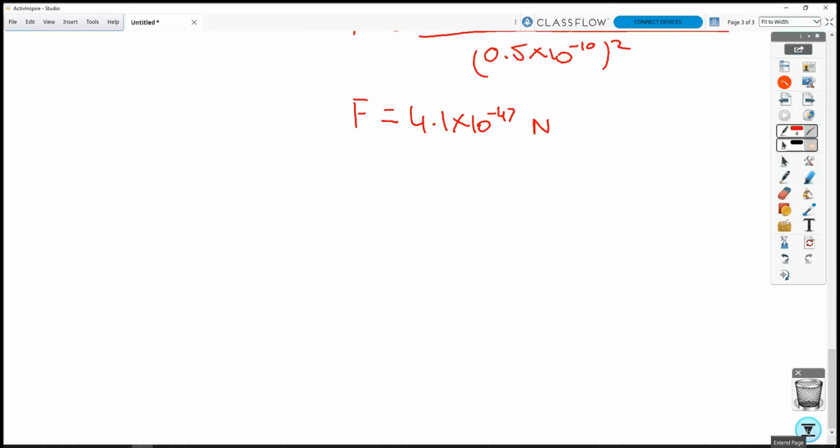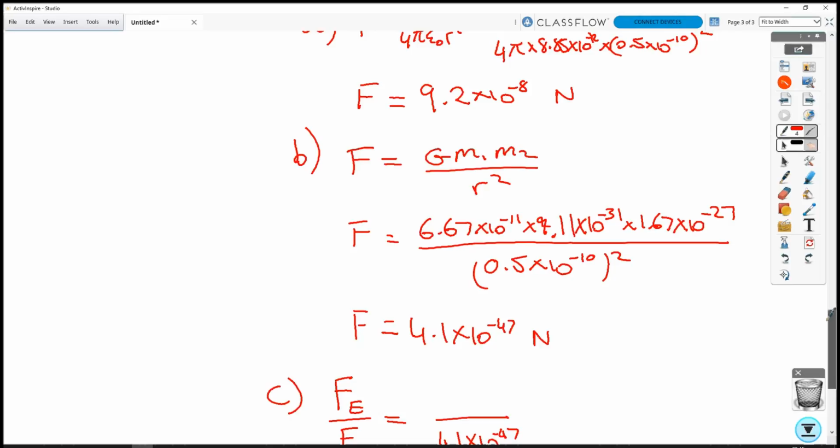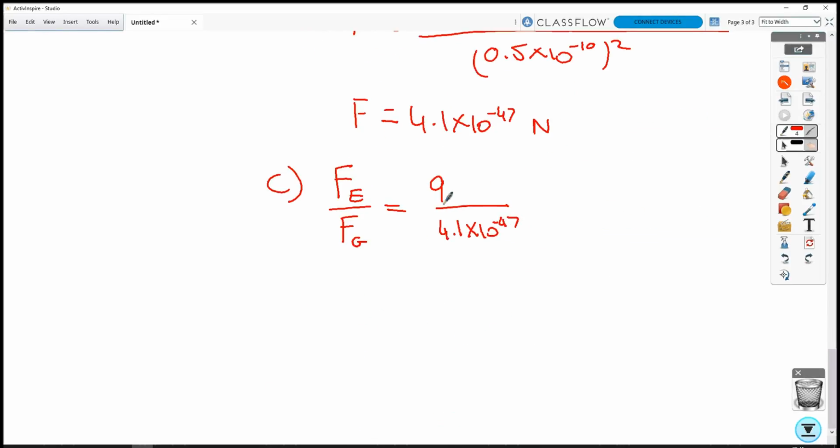So for part C, we're doing Fe divided by Fg. We've got 4.1 times 10 to the minus 47 on the bottom, and our value for Fe was 9.2 times 10 to the minus 8.